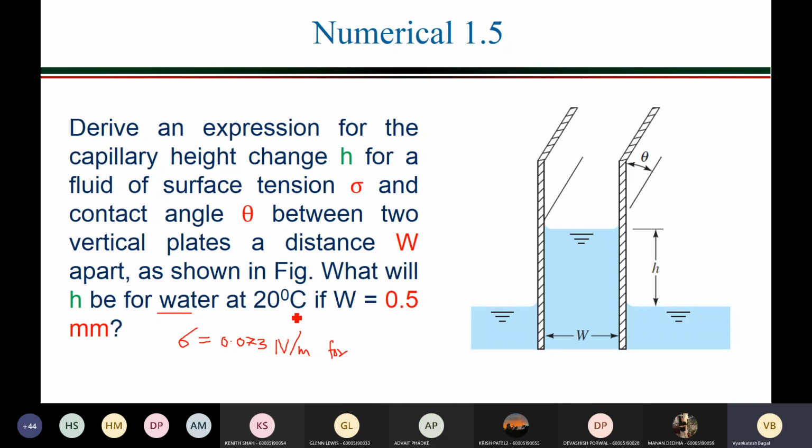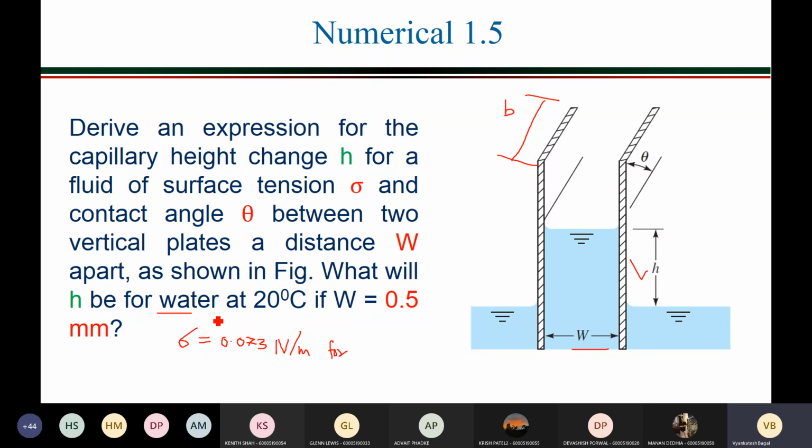Fine. Can you solve this? So this dimension is W, the gap between these two parallel plates. You can assume the other dimension, that is the width of the plate normal to the plane of the paper, as small b, and the height of the column is h, angle is theta.